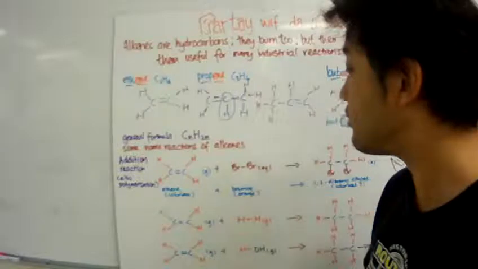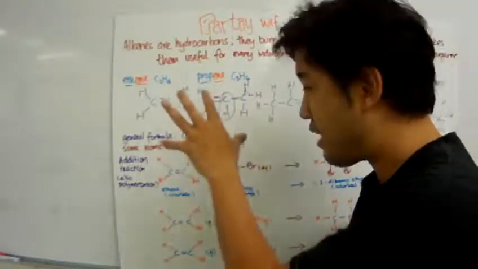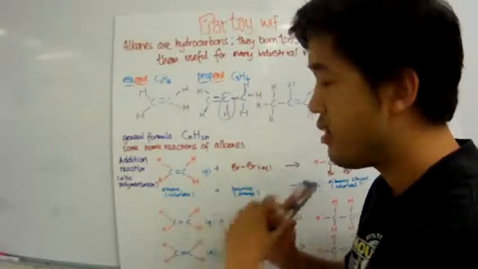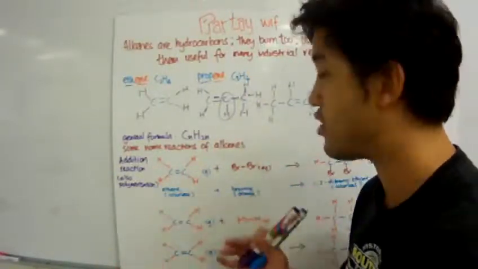All right? Now, when alkenes are made, they become very important precursors for a variety of reactions.